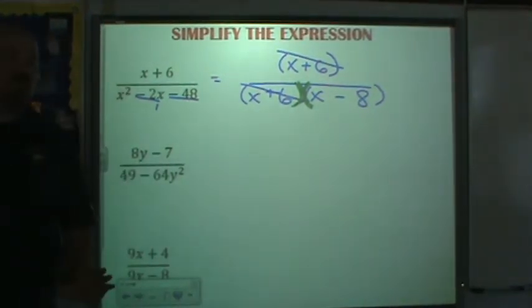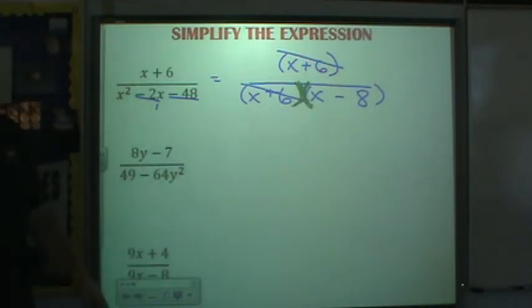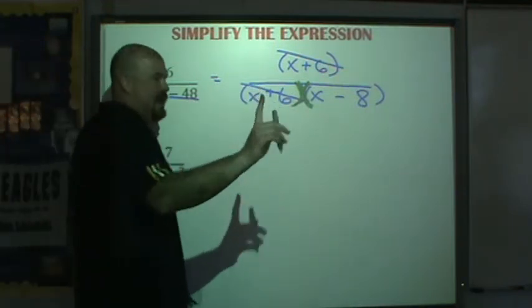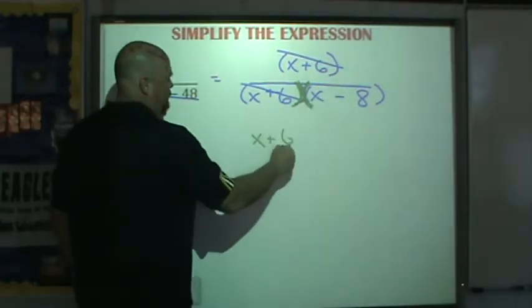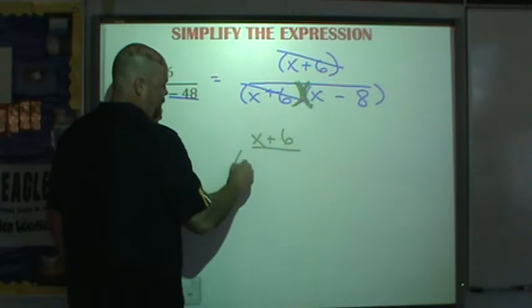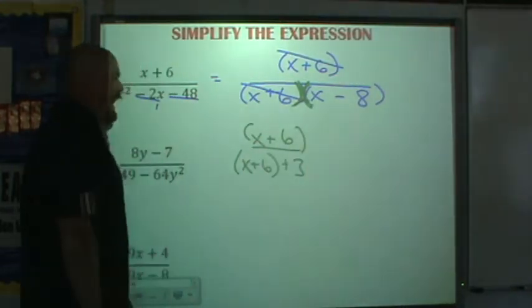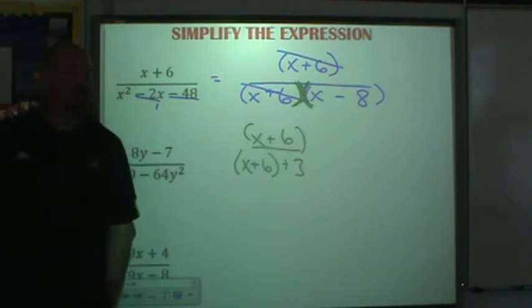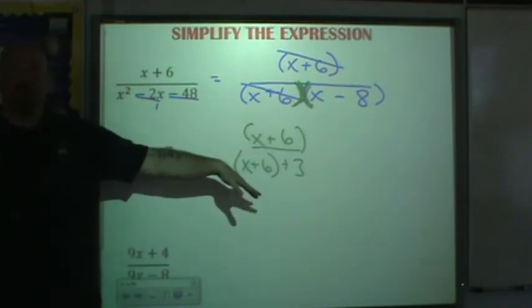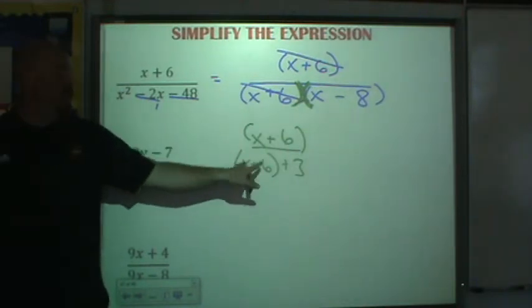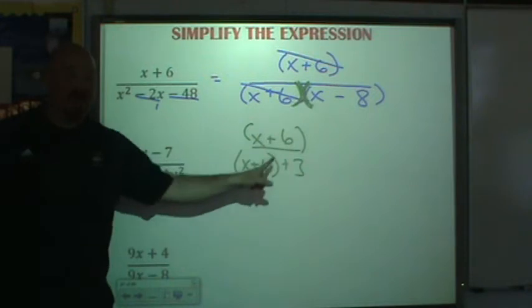You want to know what screws people up really bad? I'm throwing all these pitfalls out there to be like, gotcha. Don't write this down. It'll happen to you at some point. And you'll be like, oh, parentheses, I'm going to cancel them. This is not being multiplied by this. This is being added to that.